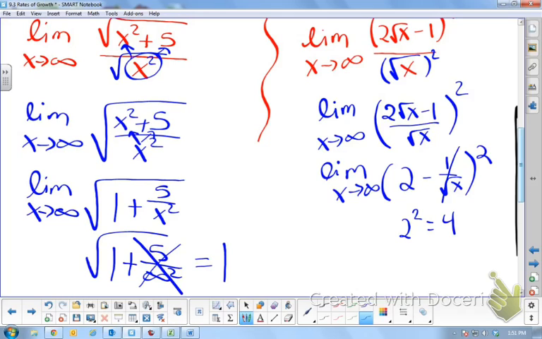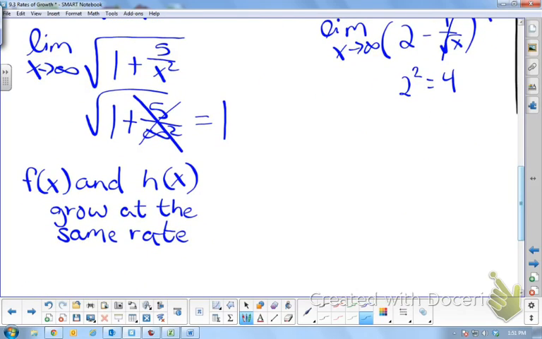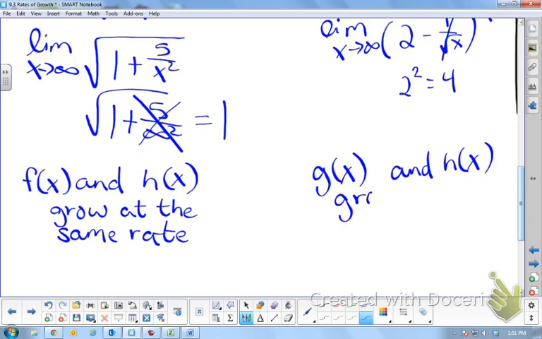F of x and h of x grew at the same rate. This time g of x and h of x grew at the same rate. So now we need to apply that transitive property. What can we conclude from these two conclusions? F of x and g of x grow at the same rate.